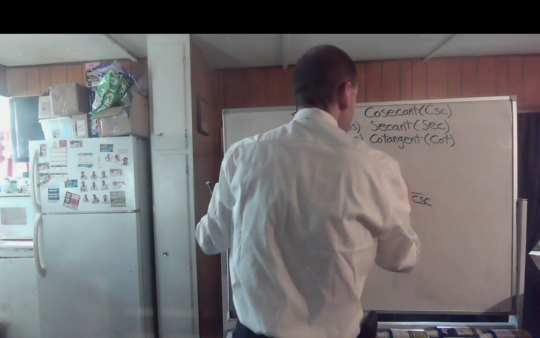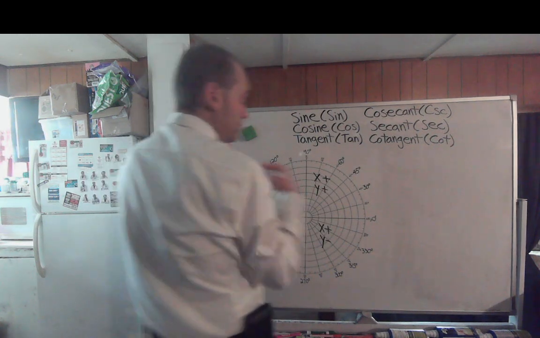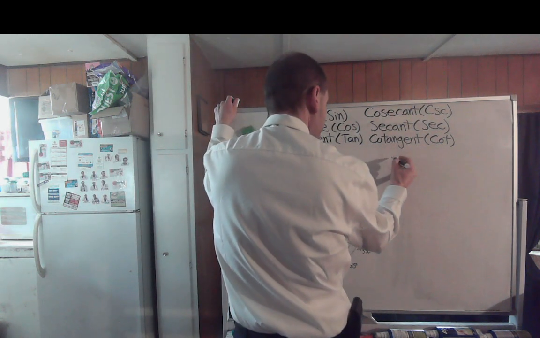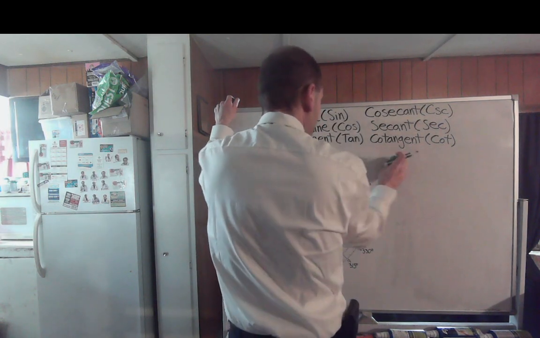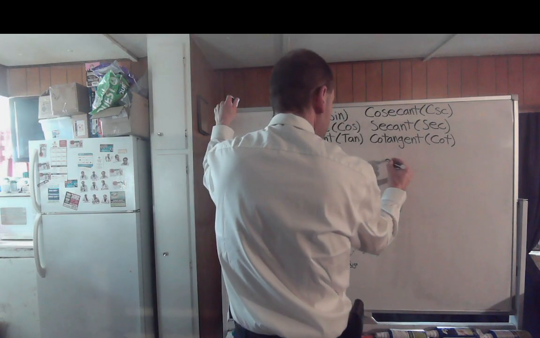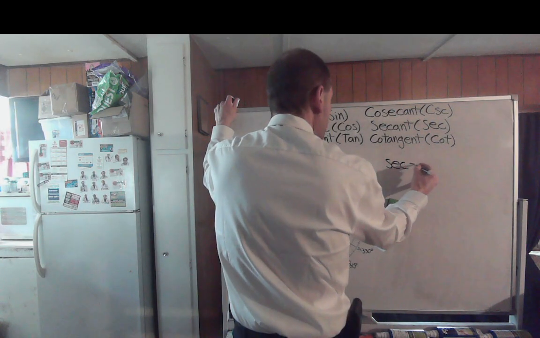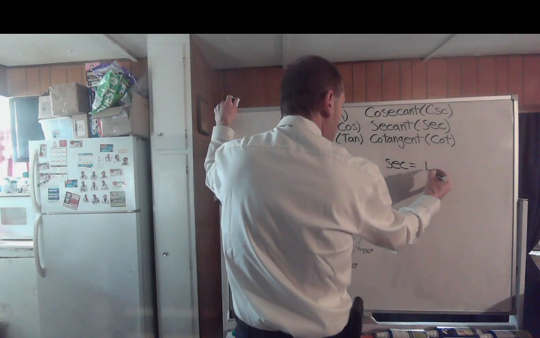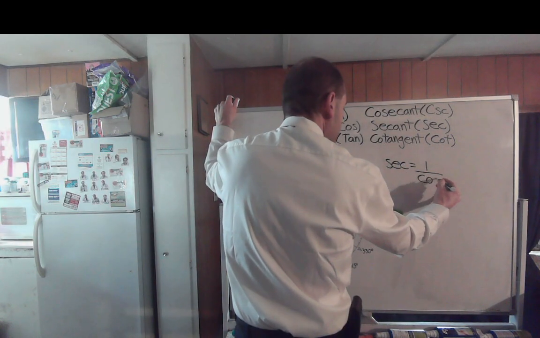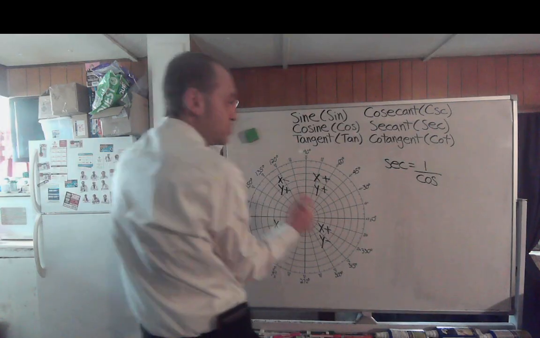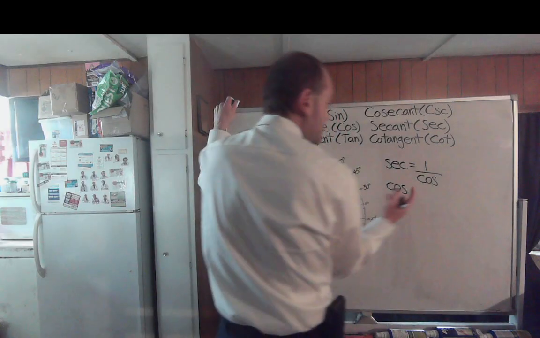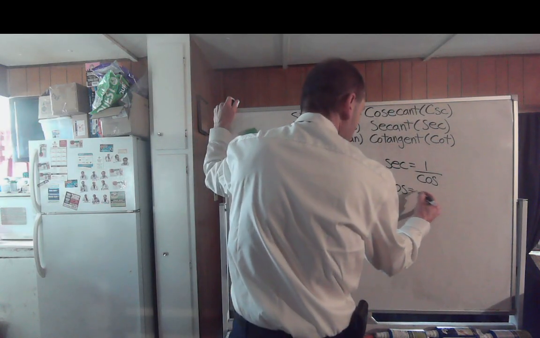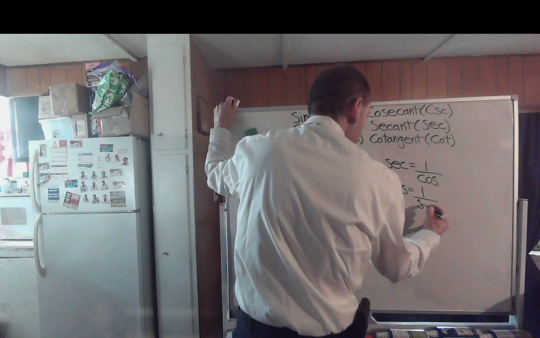And then let's tie this together with cosine and secant. Actually, let's start with secant first. So secant is going to, of course, equal 1 over cosine, since it's the reciprocal of the cosine function. And likewise, the cosine is the reciprocal of the secant. So cosine would equal 1 divided by the secant.